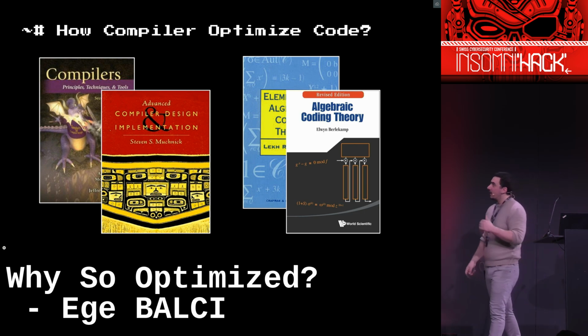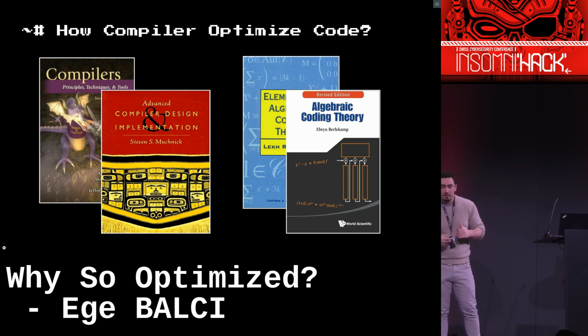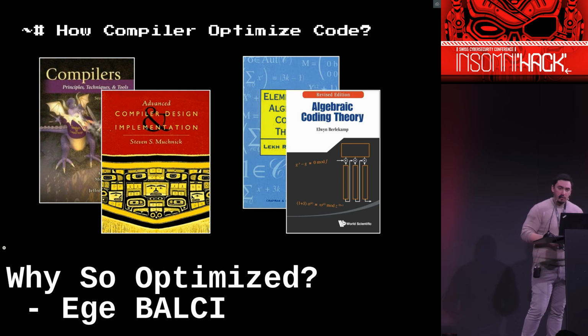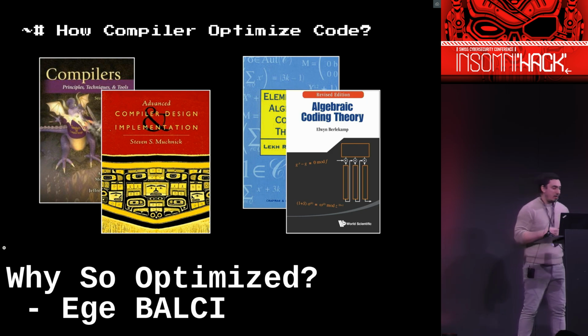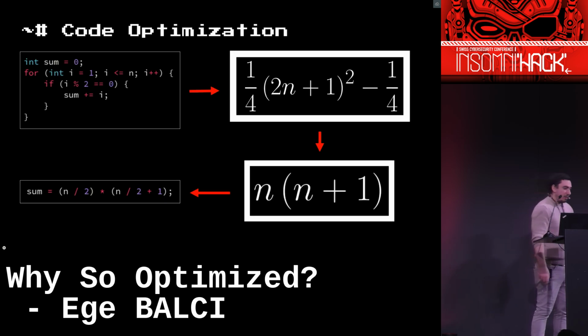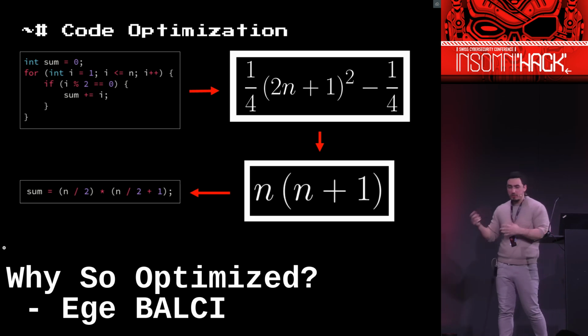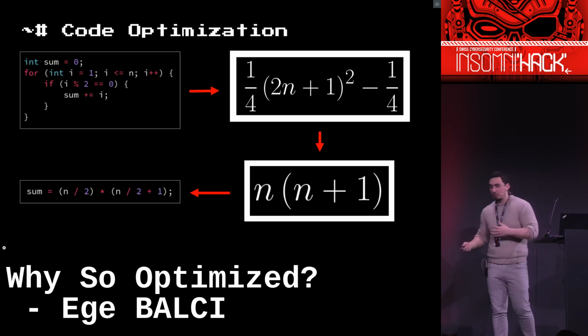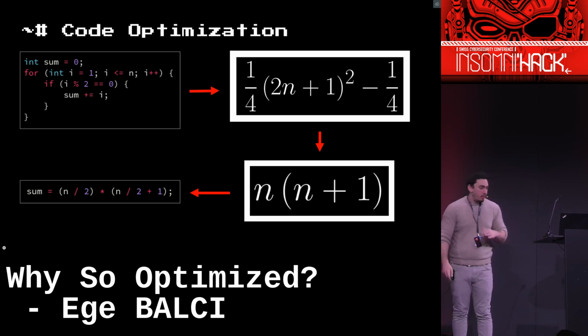So at this point, I dived into the world of compiler design and coding theory, and there are very good concepts there. Without going into too much detail, I will try to explain my logic here. In theory, if you can represent a piece of code using some mathematical expressions, you can use certain mathematical properties to influence your code. Here we have a simple example.